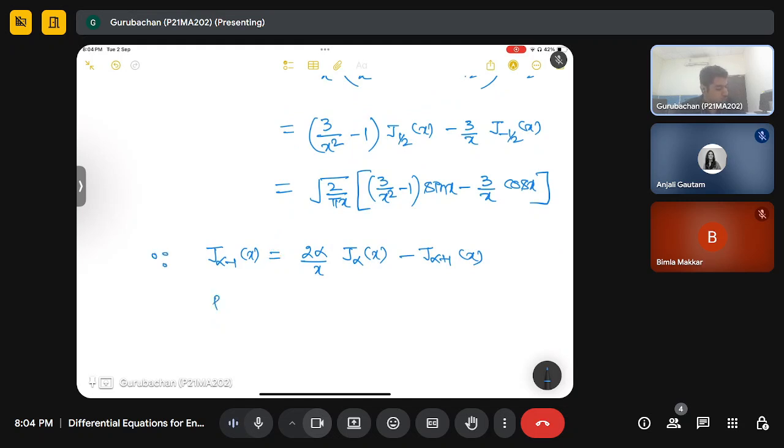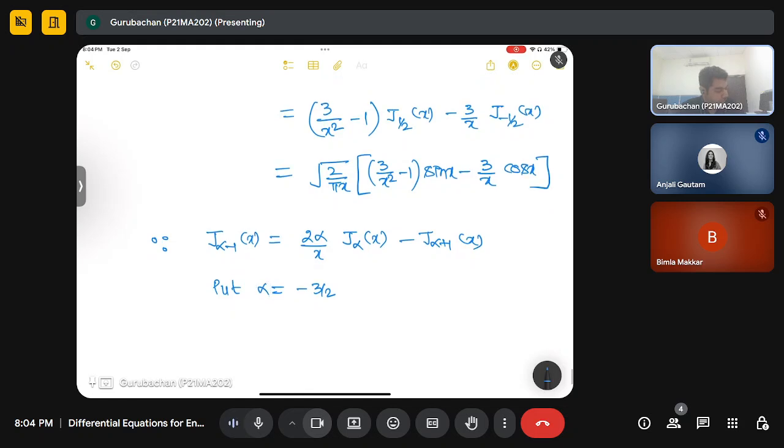So what you will do, put alpha equal to minus 3 by 2. So if you put minus 3 by 2, this will be J minus 5 by 2 of x equals minus 3 by x J minus 3 by 2 of x minus J minus half of x.